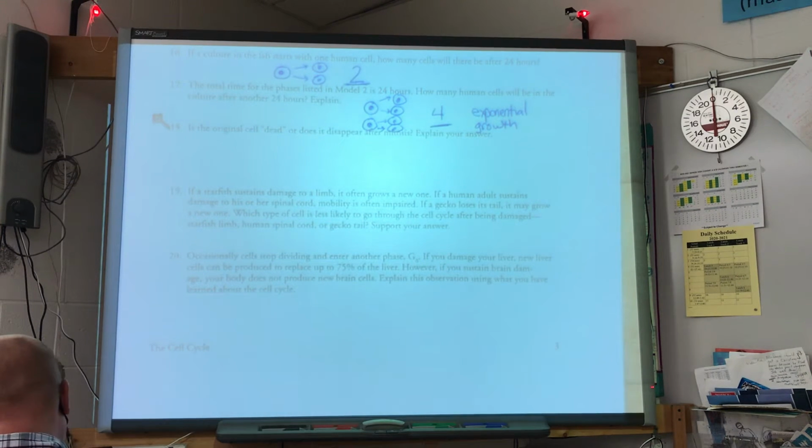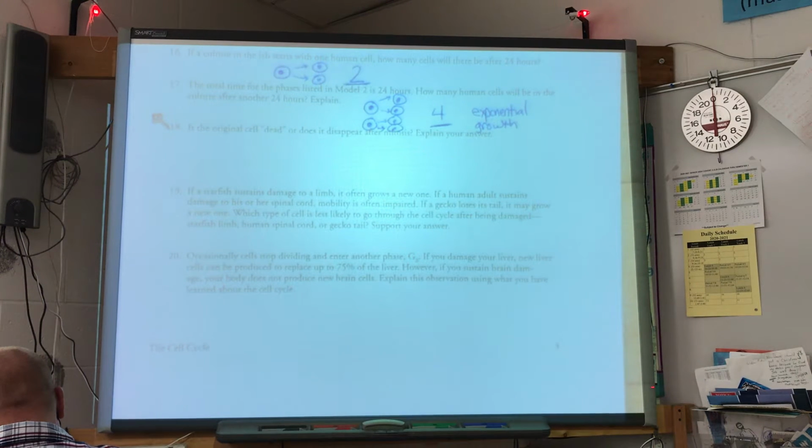Number 19. Starfish. If a starfish damages a limb, it'll often regrow a new one. If an adult sustains damage to his or her spinal cord, mobility is often impaired. They're paralyzed, right? If a gecko loses its tail, it may grow a new one.